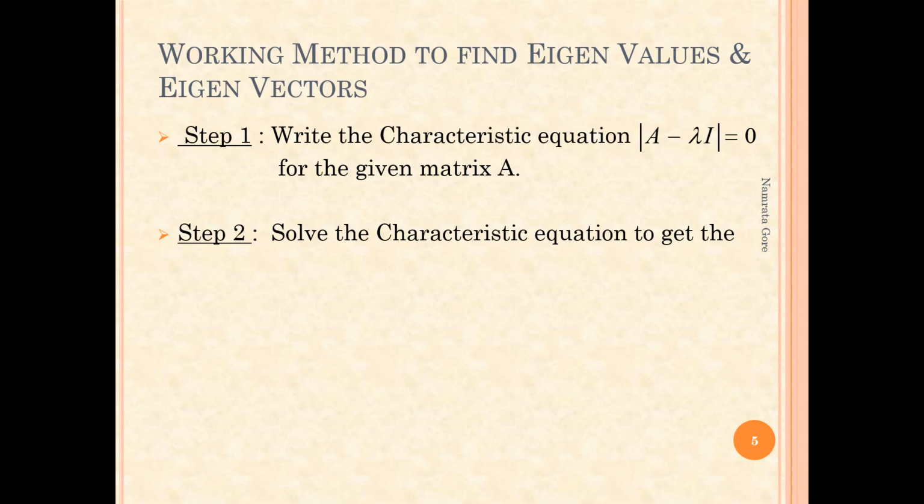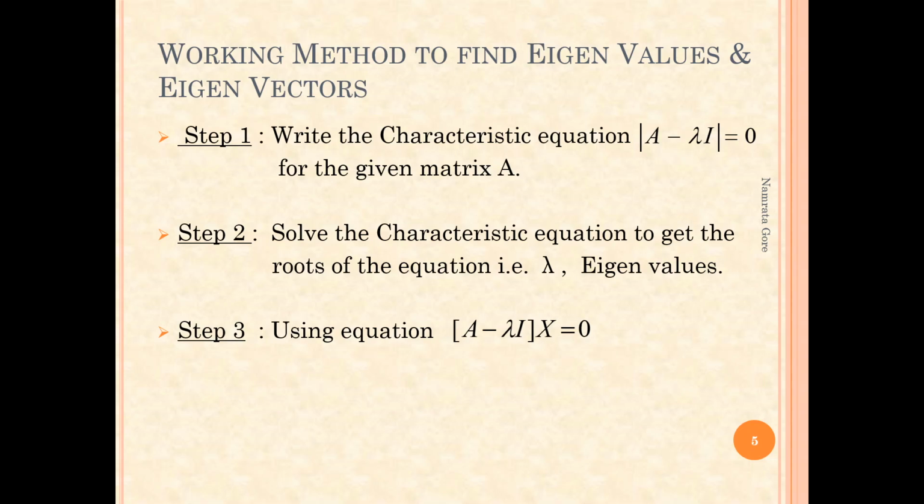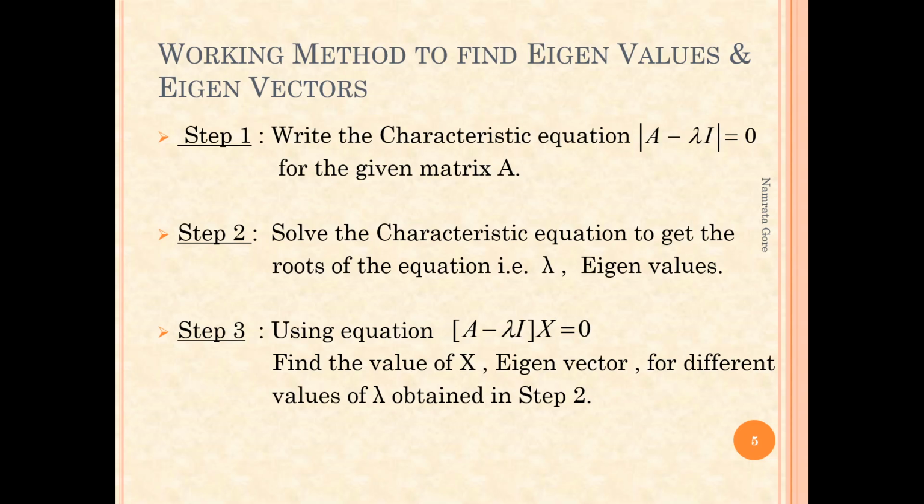In step 2, we will solve the characteristic equation to get the roots of the equation, which are the eigenvalues. After that, we will consider the equation (A minus lambda I) X equal to 0, and we will find the vector X, which is the eigenvector, for each value of lambda obtained from step 2.